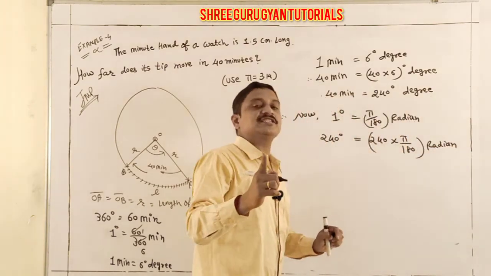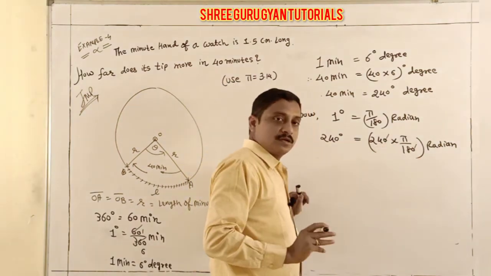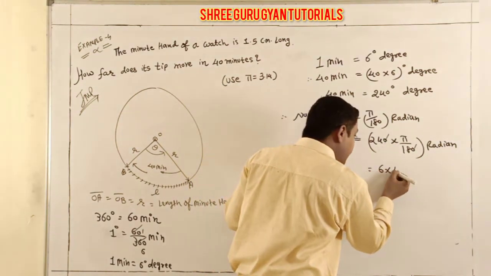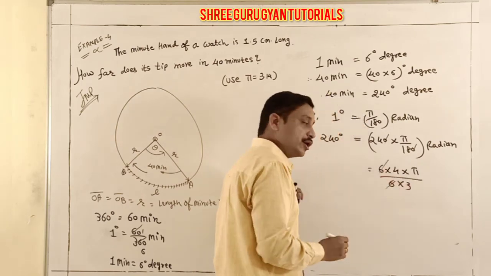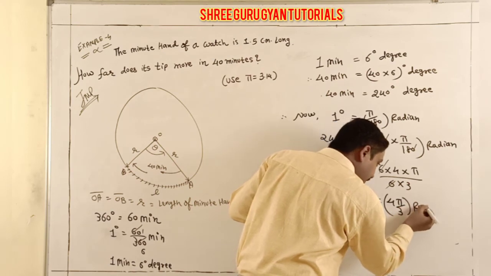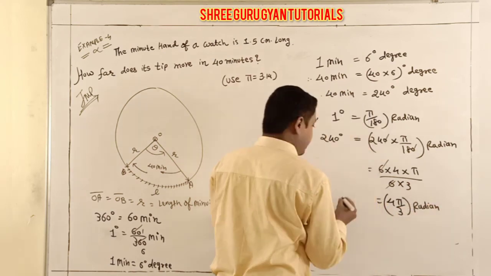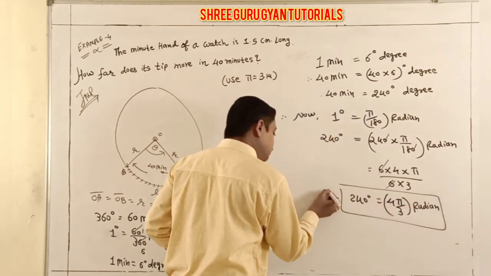You necessarily translate into radian form. Now the zeros cancel, 6 fours are, 6 threes are, 6 6 gone. My answer is 4 pi by 3 radian, the measure for 240 degree, and that is our theta.